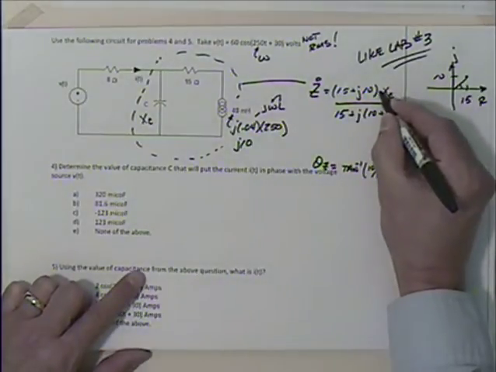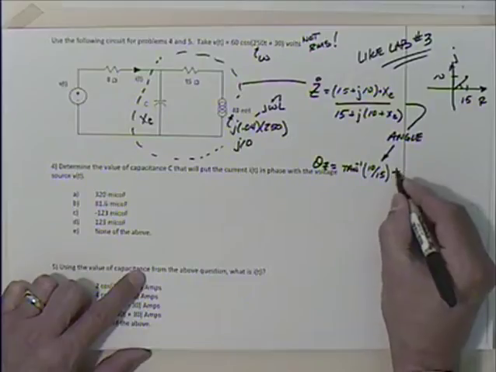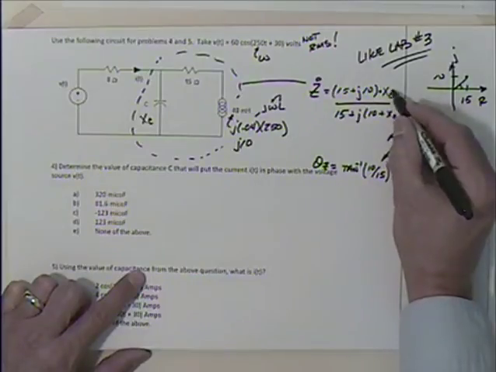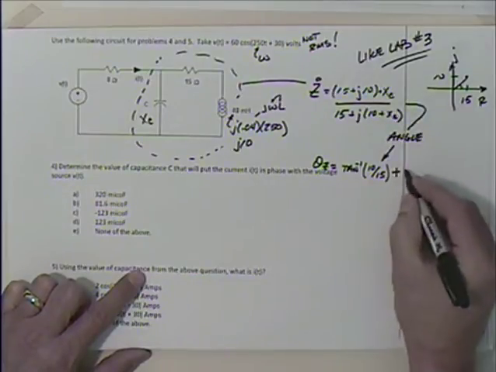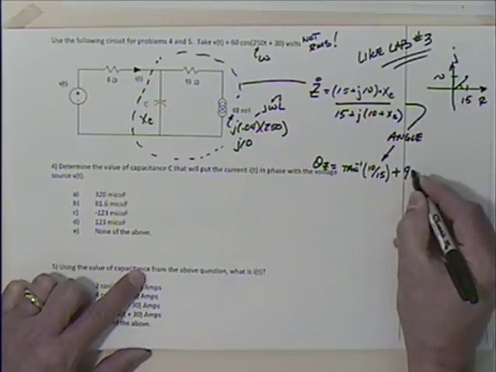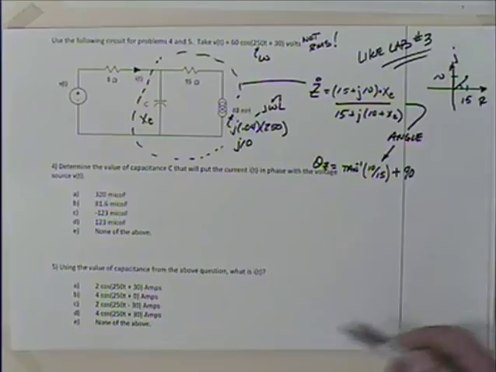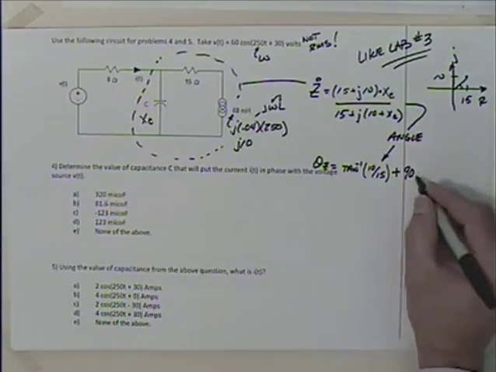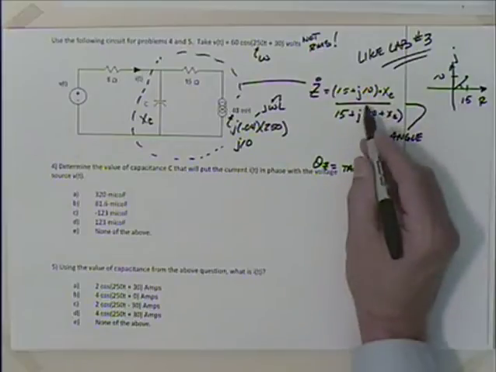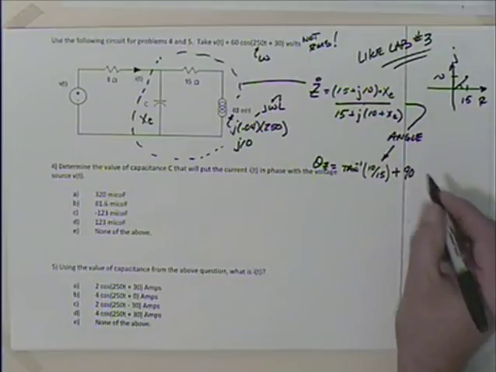And then because I'm multiplying these, I'm going to add the angle, and this X sub C, because I'm going to put the negative sign in there later, it would have an angle of 90. If you chose to put the negative in now, you'd have a minus 90, but I'll put a positive 90 because I'm going to put the negative in later. And then because I'm dividing, how do we divide?